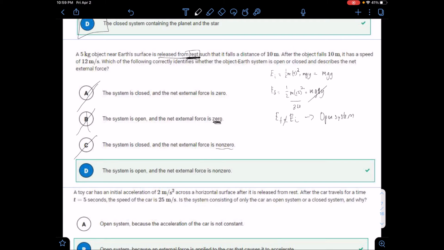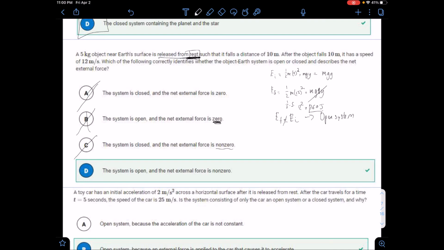It should be 360 joules of energy. Never mind, it's not 360 joules of energy. It should be 5 kilograms. I completely forgot. Okay, yeah, so we do have the mass accounted for over here. It would be 1/2 times 5 times 12 squared, and that would yield us 360 joules.